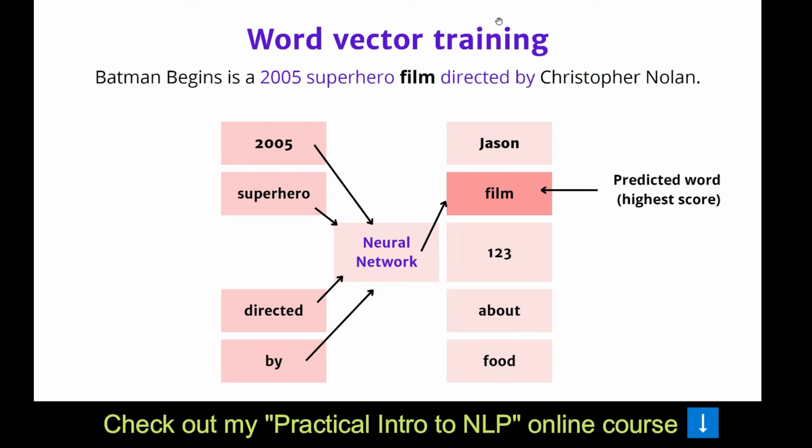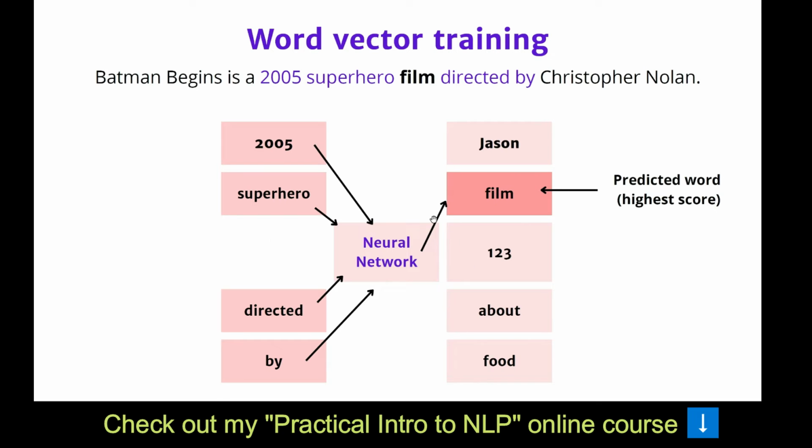So again, the output will have all the probable words in the corpus, maybe like 50,000 words or 100,000 words, etc. When I say predict the word film, essentially each word in the corpus will be associated with some token. You can think of it like a numbering scheme, and let's say this output represents the word film.